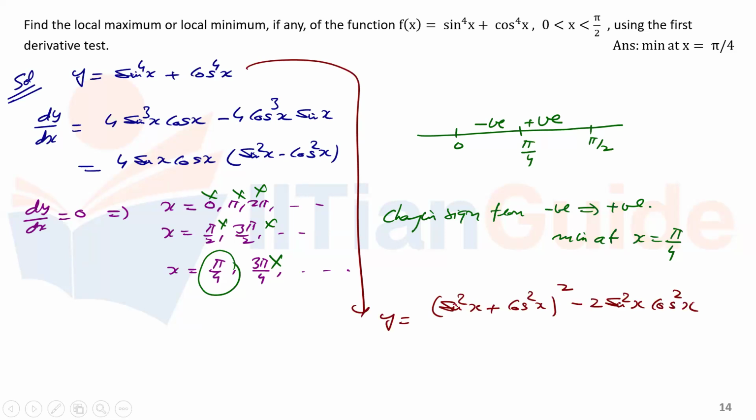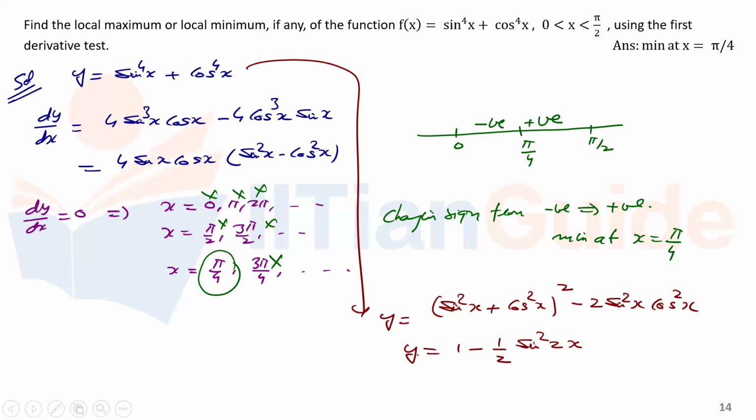Am I right? Sin square x plus cos square x is basically 1. So 1 minus, I will write 2 sin x cos x whole square multiplied by 1 by 2, that is 1 minus 1 by 2 sin square 2x. This is the value of y.